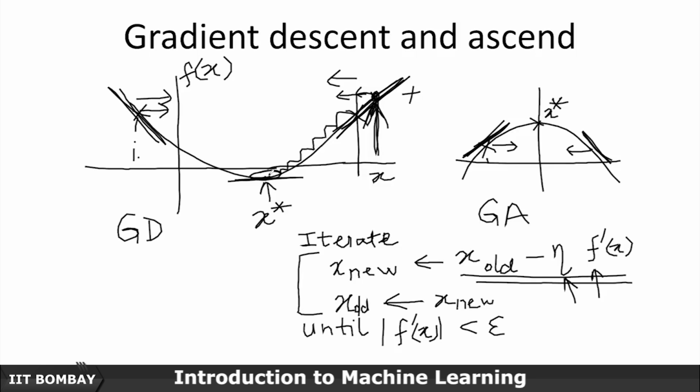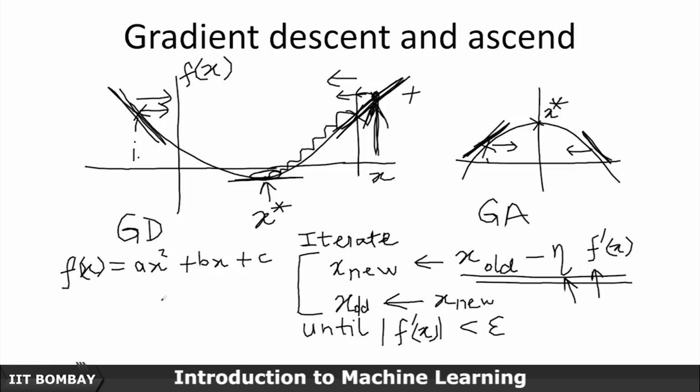Now, when is this useful? If you have a simple function such as f x is equal to a x square plus b x plus c, then you can analytically find the minima, right, as minus b by 2a. But that is not what we are talking about.